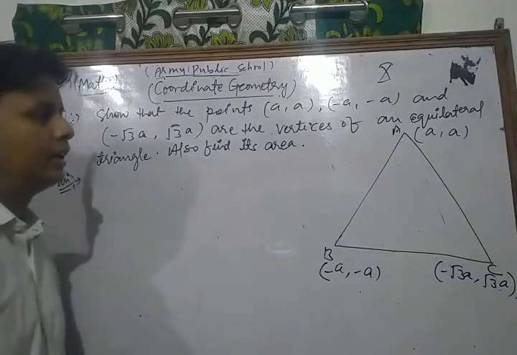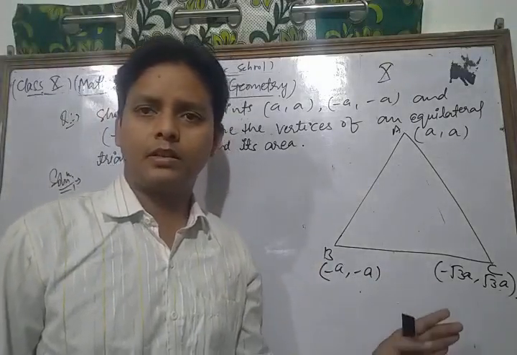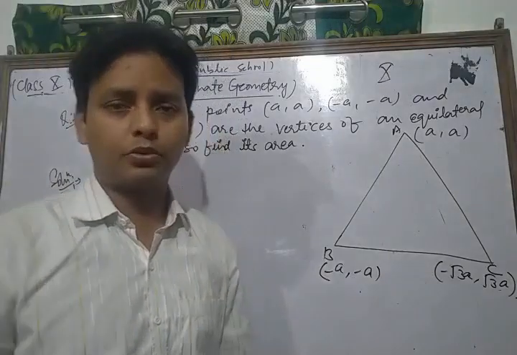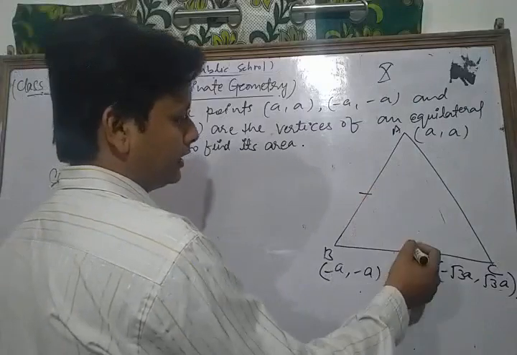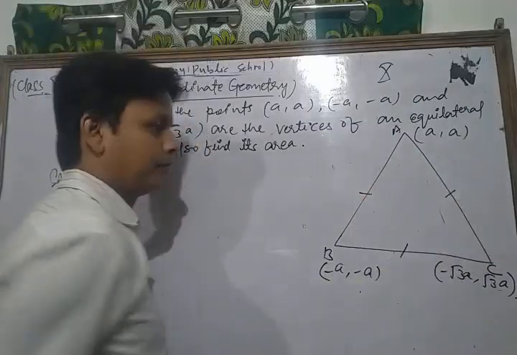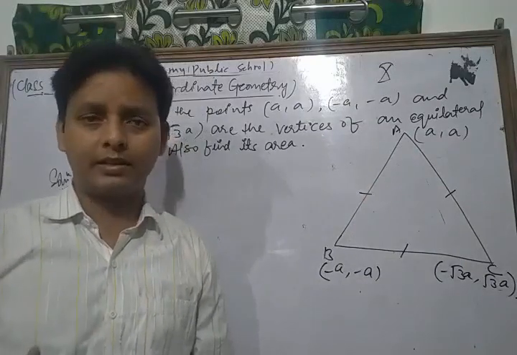For an equilateral triangle, what is the process to prove it? First of all, we find the distances AB, BC and CA, the lengths of all its sides.